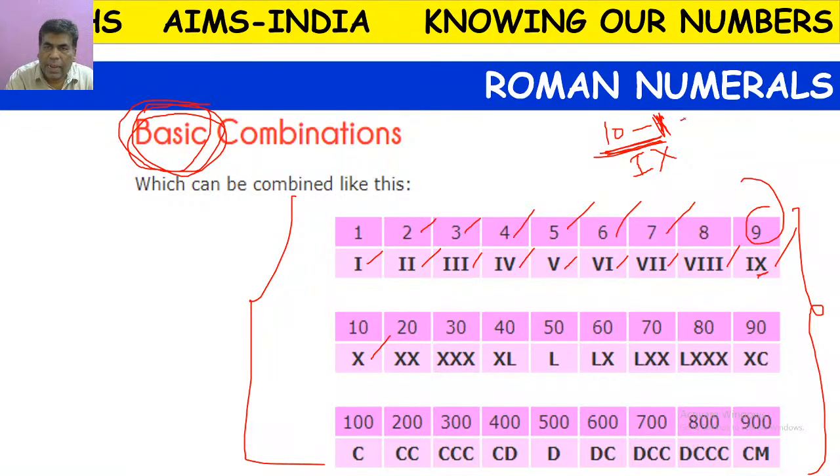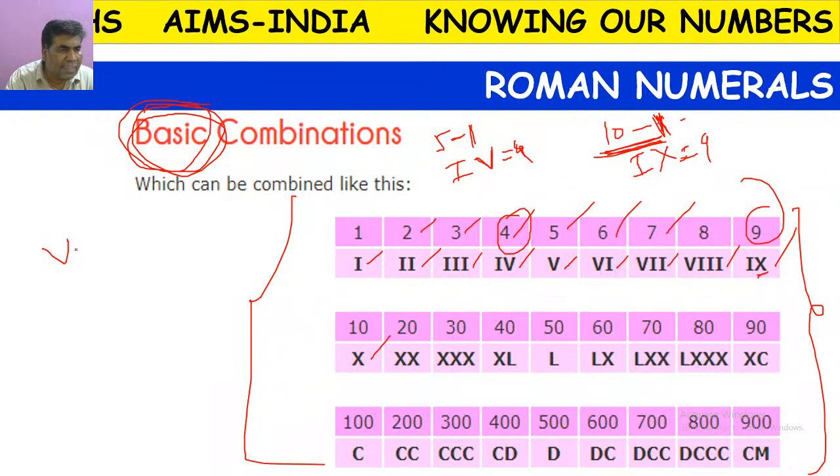So that's why 9 is written as IX. This 4 also. What is the meaning of 4? 5 minus 1. So here we are doing subtraction. So that's why this I will be written here, and this 5 will be written here. IV stands for 4.